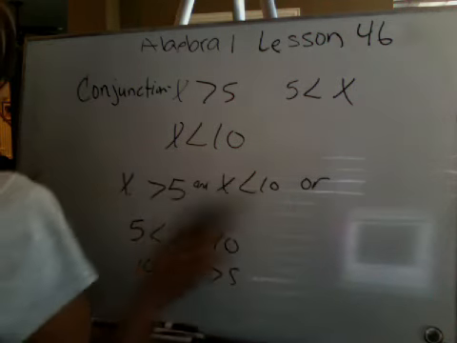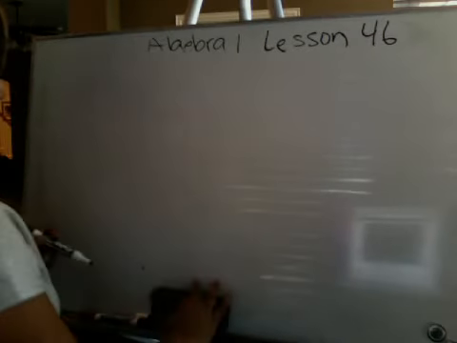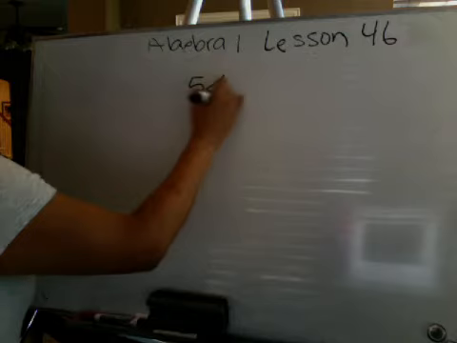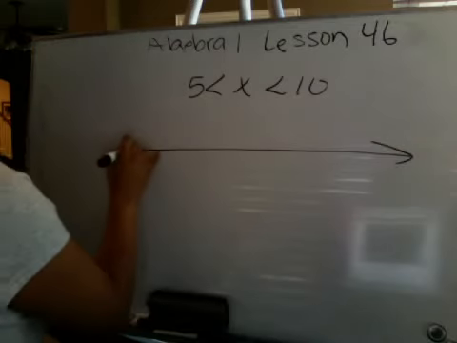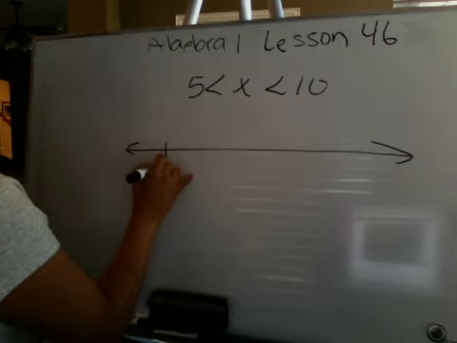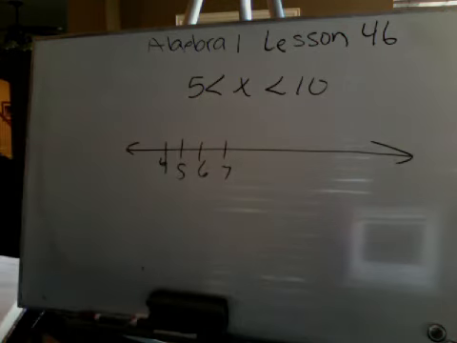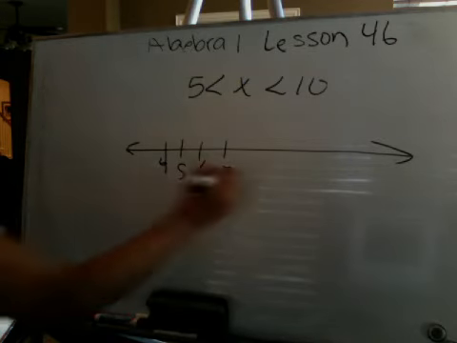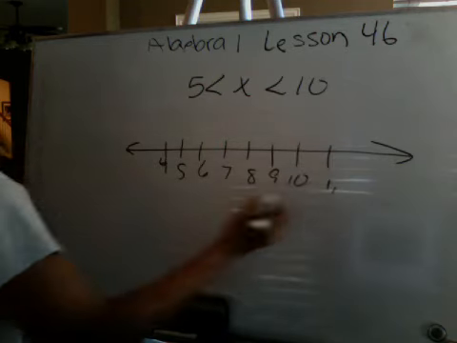So now, let's use this conjunction and graph it on the number line. We said the conjunction was 5 is less than x less than 10. So we're saying x falls between 5 and 10. So I'm going to start here. 4, 5, 6, 7, 8, 9, 10, 11.